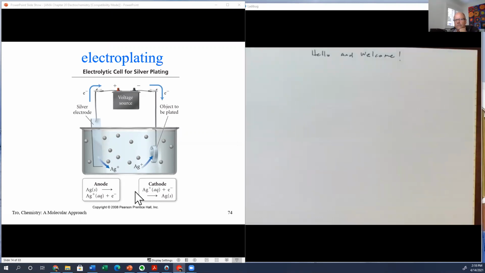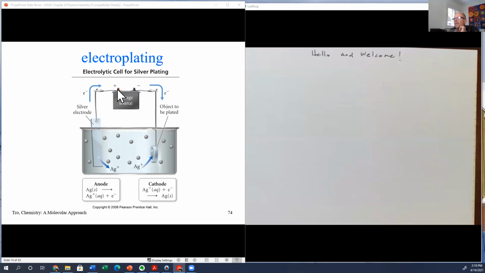So you can basically put a ton on there if you want, or a little slim coating. Correct. You can control it by the amount of current and by how long you run the current for. Not the concentration?